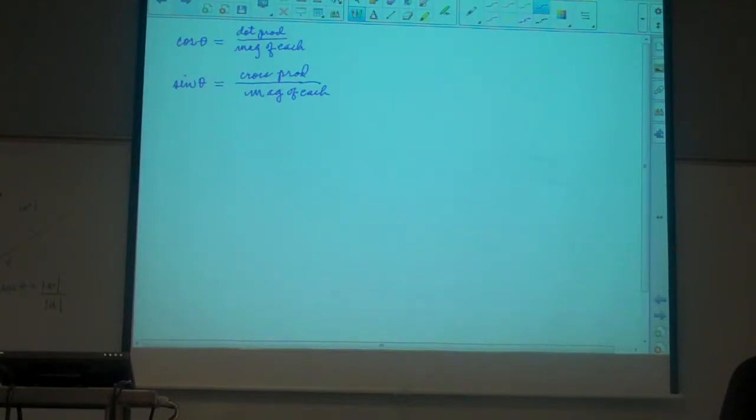Everybody agree? So then, wouldn't this unknown magnitude of W, which is exactly what we're looking for, the distance from the point to the vector, be equal to the magnitude of U times sine theta? Is it not?